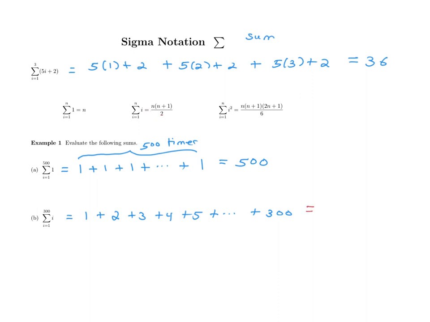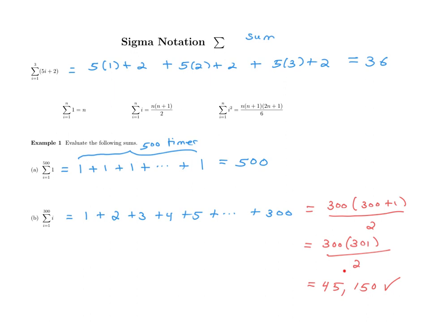So by the formula, this sum is equal to 300 times 300 plus 1, all divided by 2, which is 300 times 301, all divided by 2. This is a quick computation. This sum is equal to 45,150.